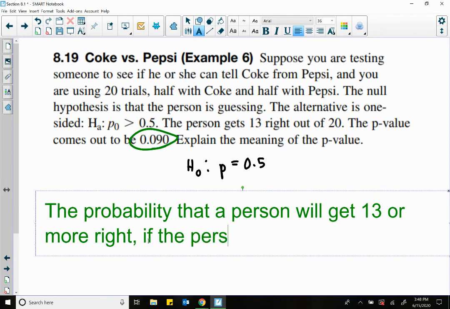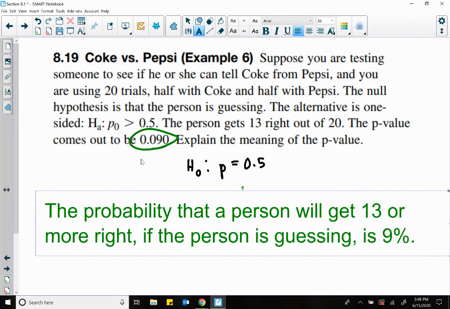If the person is guessing, because p is all about guessing, is, well, what is this as a percentage? 9%. That's what that p-value means.